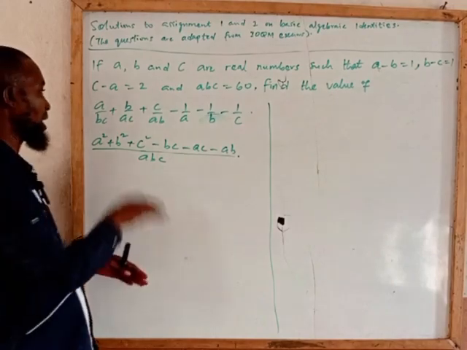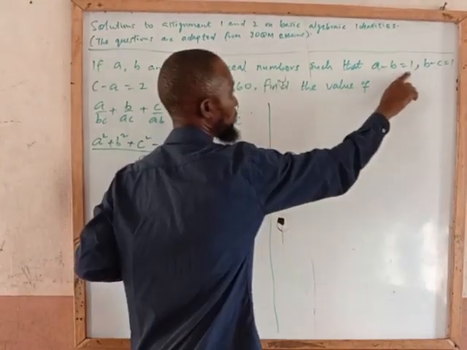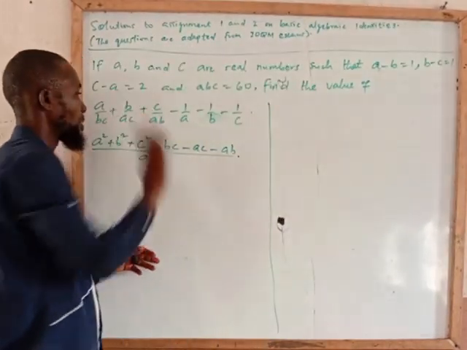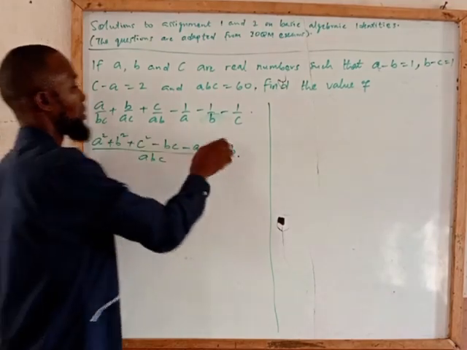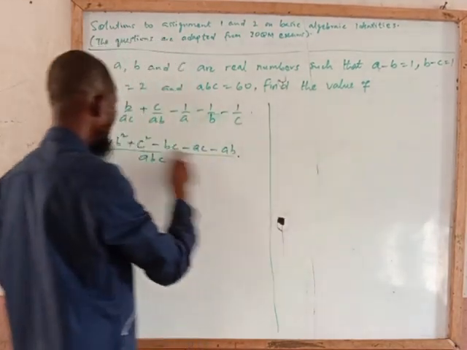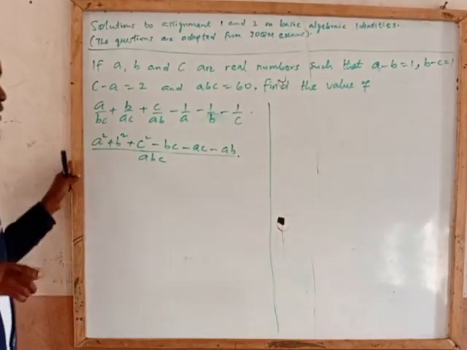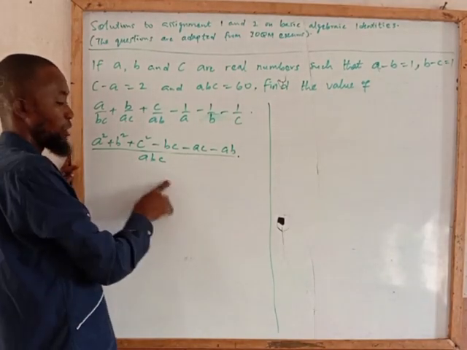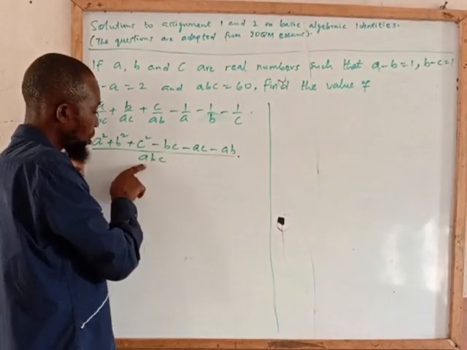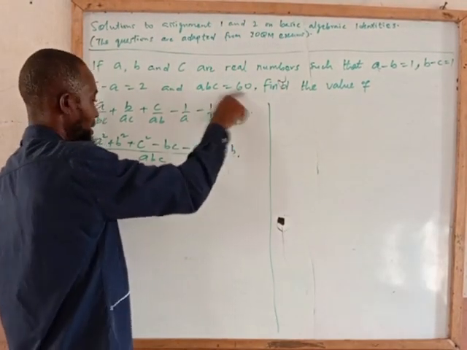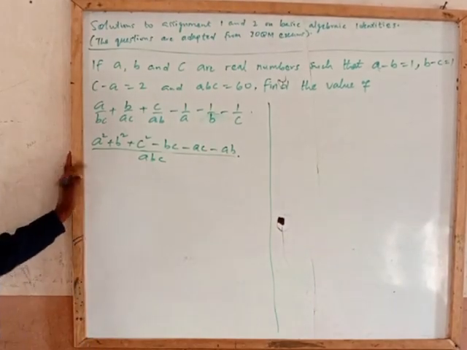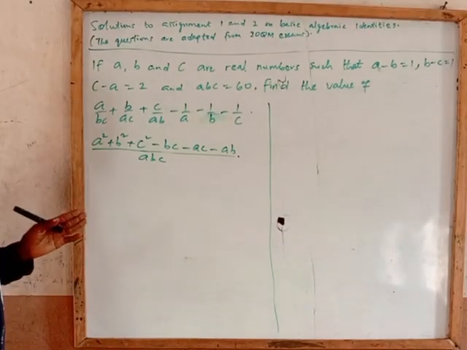So if I'm able to combine equation 1, equation 2, and equation 3 and it gives something similar, the value of such a thing is what I will use in the numerator, since I already know what I will use in the denominator. Since the denominator contains ABC and ABC is defined as 60, this automatically changes to 60. So that's what we want to do there.